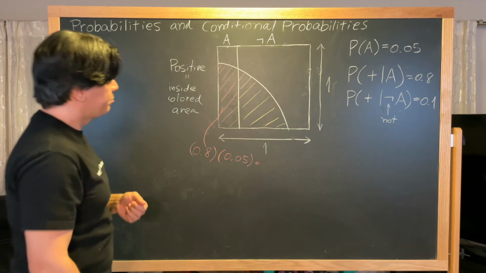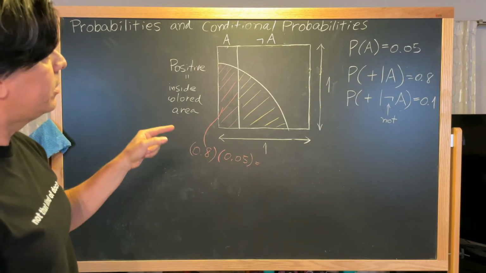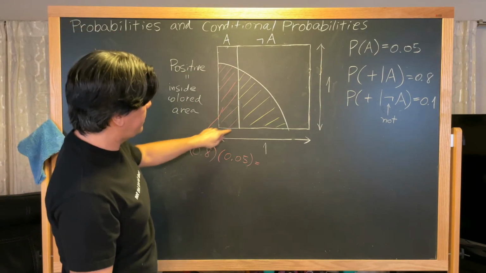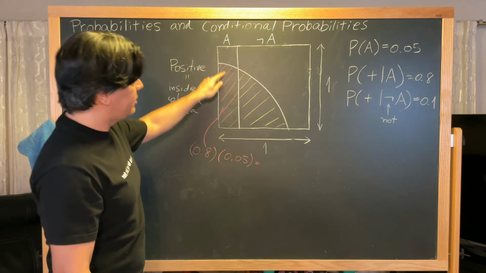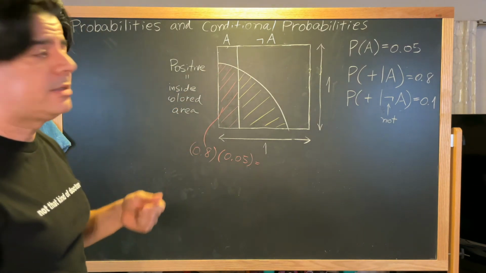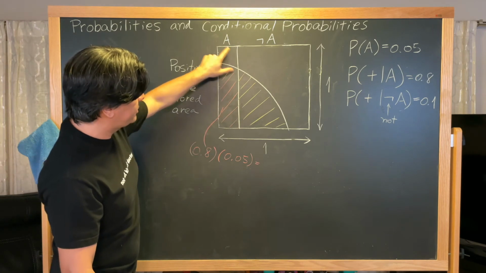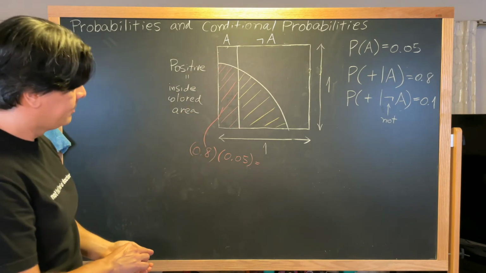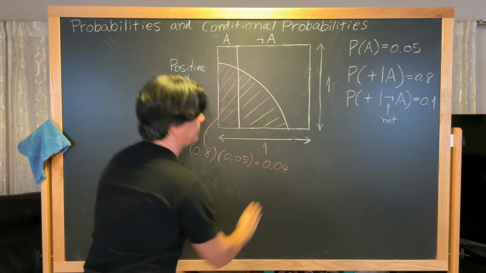Because I'm telling you with this statement that if I shoot a dart and it falls in this A rectangle, the likelihood it will have fallen in the red part of the A rectangle is 80%, which means this area has to be 80% of the total area. And that is 4%. Okay? Great.